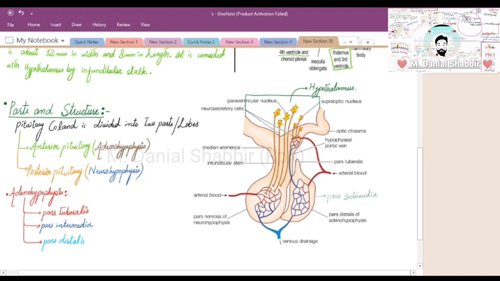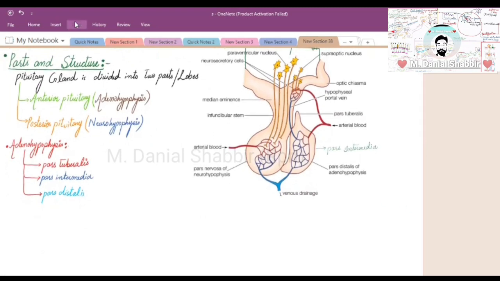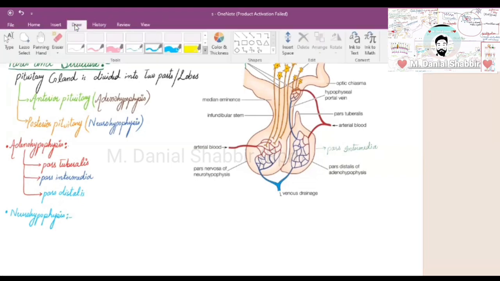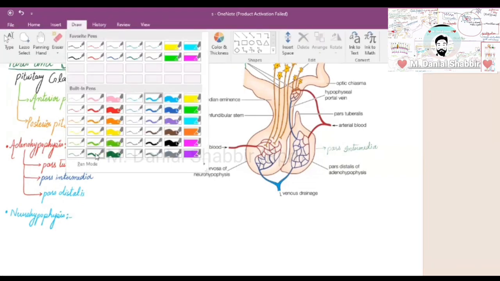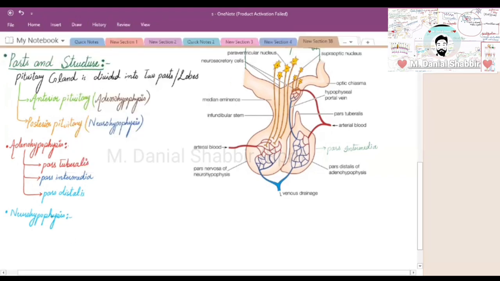I will show you this in the diagram. The second is neurohypophysis. This neurohypophysis is again divided into different parts.